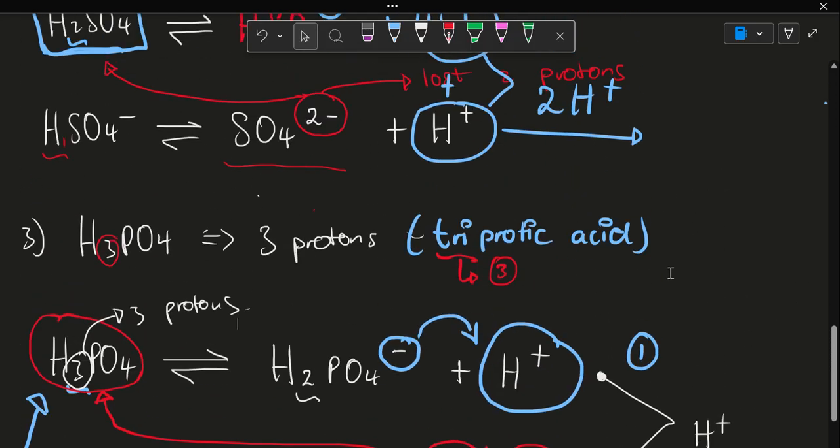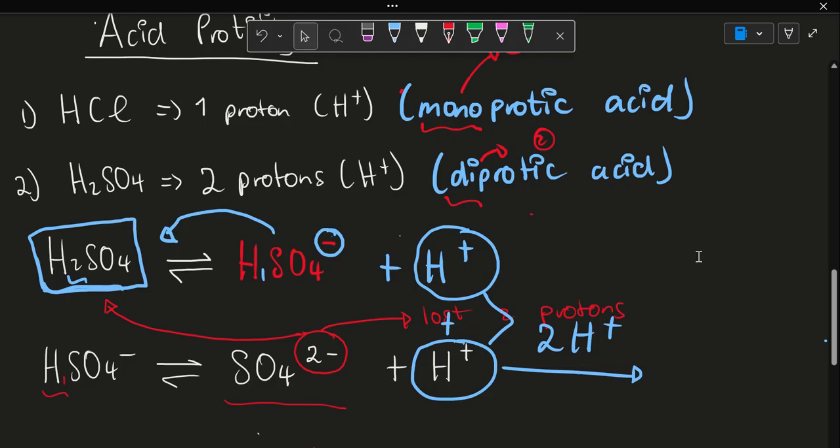And we've looked at monoprotic acids, diprotic acids, triprotic acids, and of course, if you have an acid that can donate more than 3 protons, someone was probably wondering what you would call it.